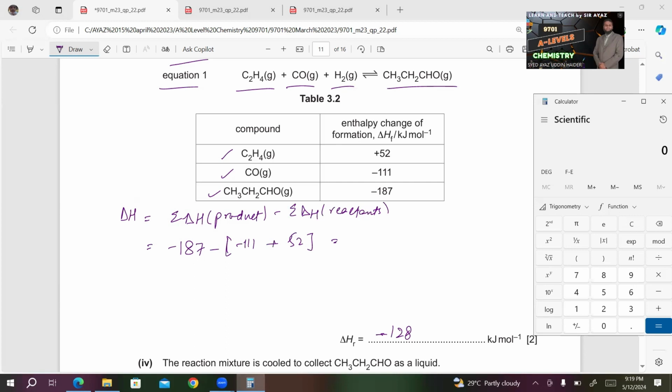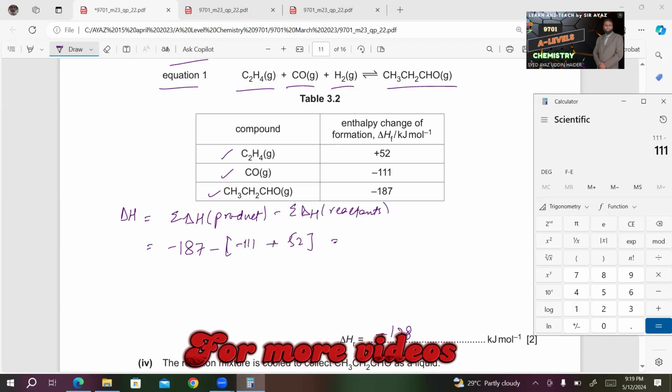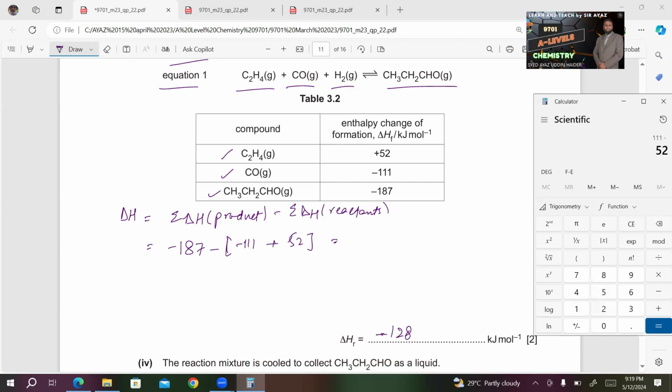So 111 must become plus here. So minus 187 plus 111 minus 52 gives minus 128.